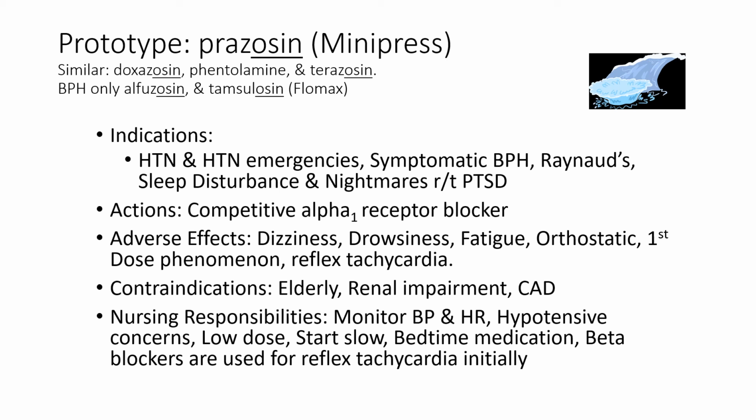That's of the hands and the feet, where they turn bluish and then pale because of the vasoconstriction of the blood vessels in the fingers, especially in the cold. Sleep disturbance, nightmares related to PTSD. That would be a very rare indication. The main one for this is high blood pressure and BPH.